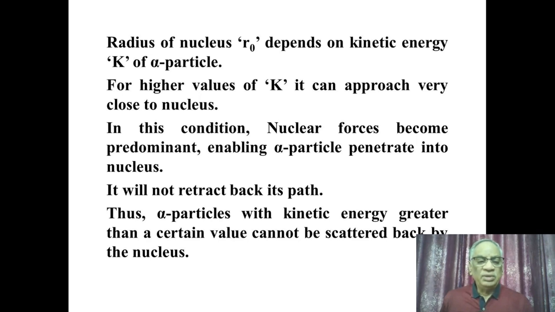Thus, alpha particles with kinetic energy greater than a certain value cannot be scattered back by the nucleus. It depends on the element and its kinetic energy, the high velocity with which it is coming. It cannot be scattered back, and it will penetrate into the nucleus.